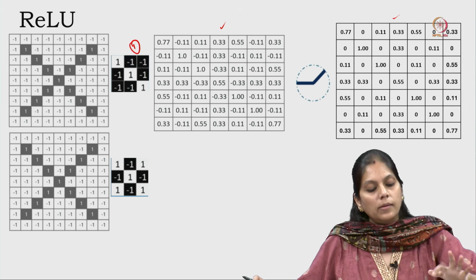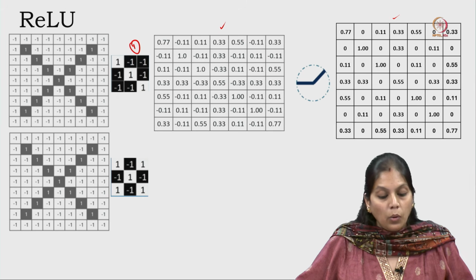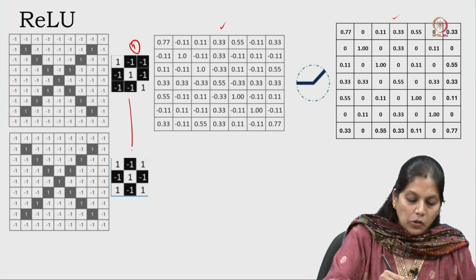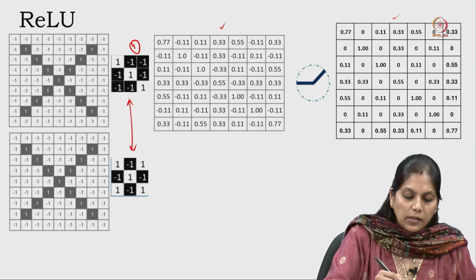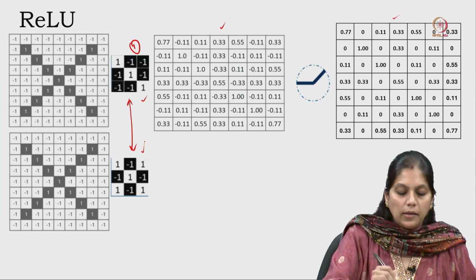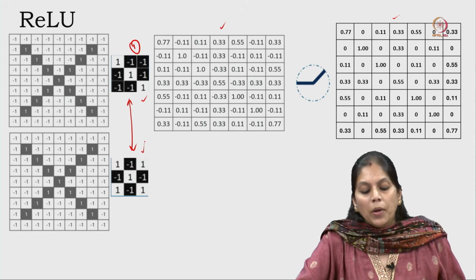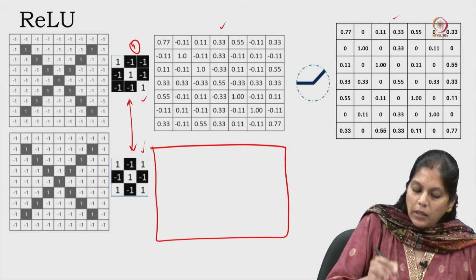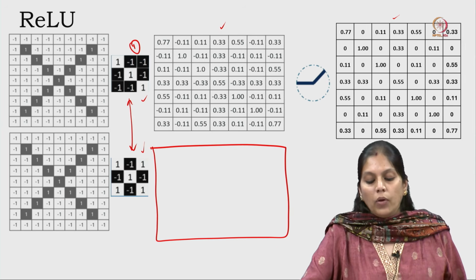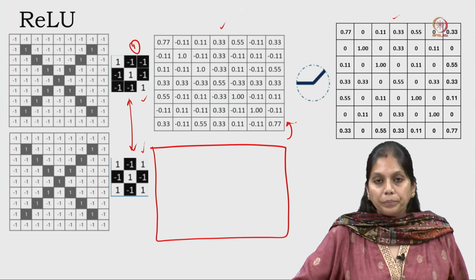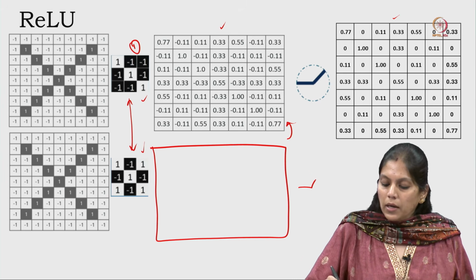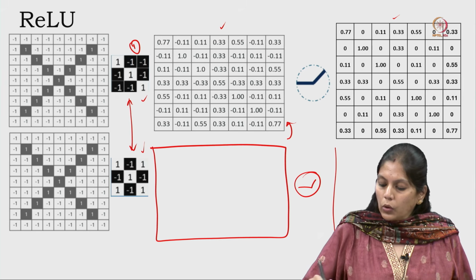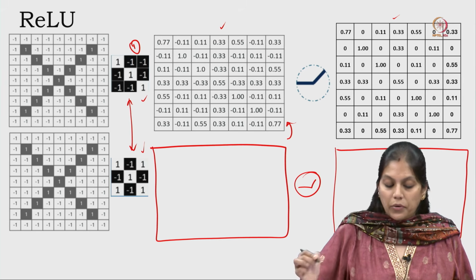Now, for the same input, I will apply a different kernel. Can you see the difference between this kernel and this kernel? Definitely, the feature map that you are going to get will be different from this. And when that is passed through a ReLU, we are going to get a different matrix.